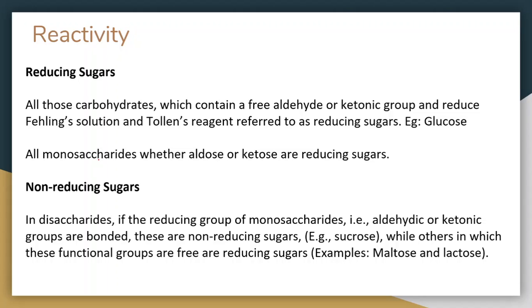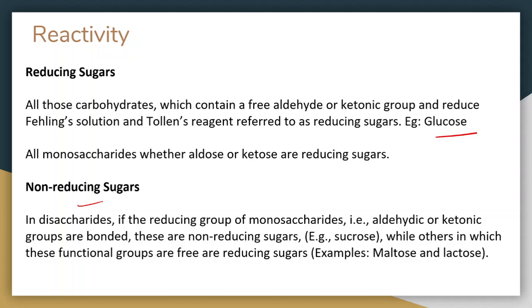So always remember, these reagents are actually oxidizing agents, so the sugar is reducing them, right? Example is glucose. All monosaccharides have a free aldehyde or ketone group, so they are all reducing sugars. Now coming to the non-reducing sugars.